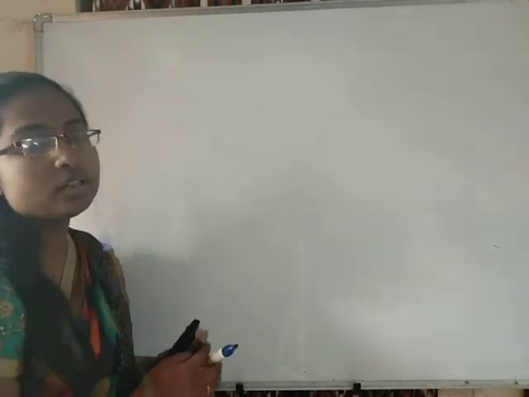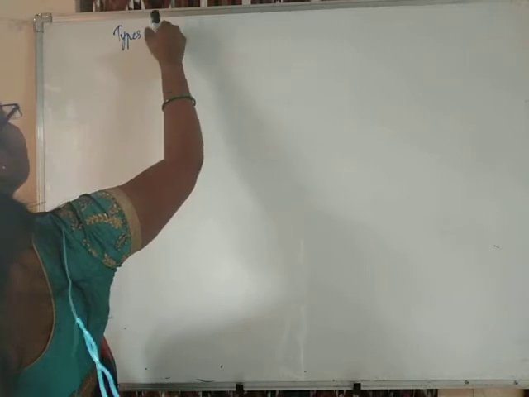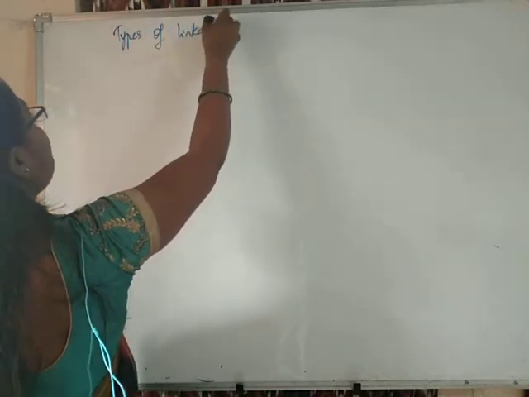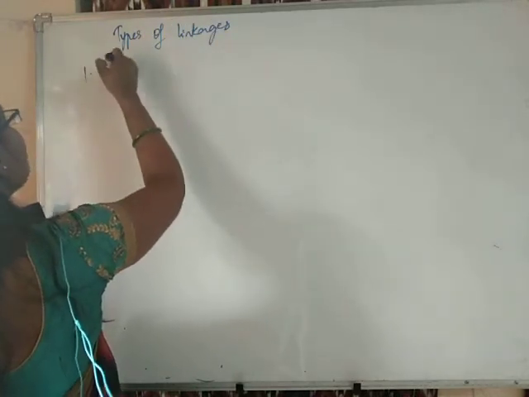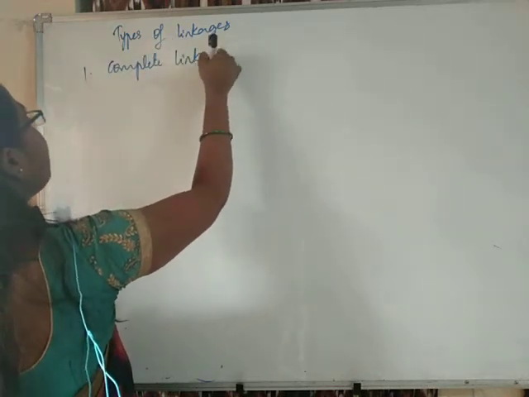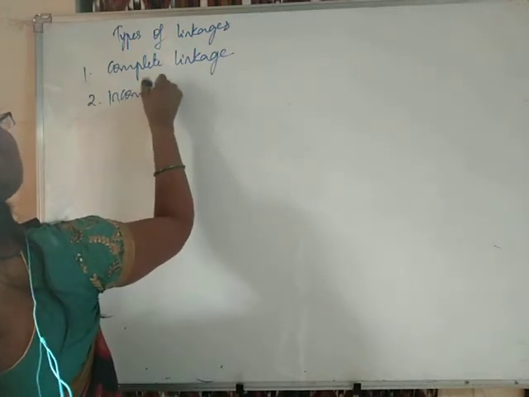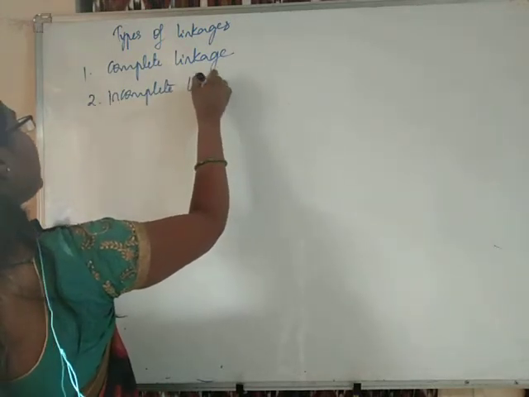Next we are going to learn the types of linkages. There are two types of linkages. The first one is complete linkage, and the second one is incomplete linkage.